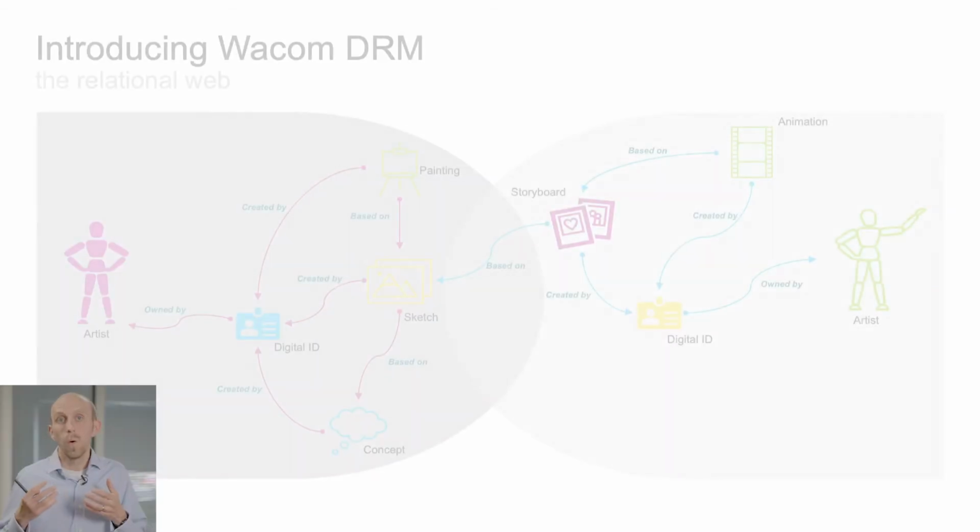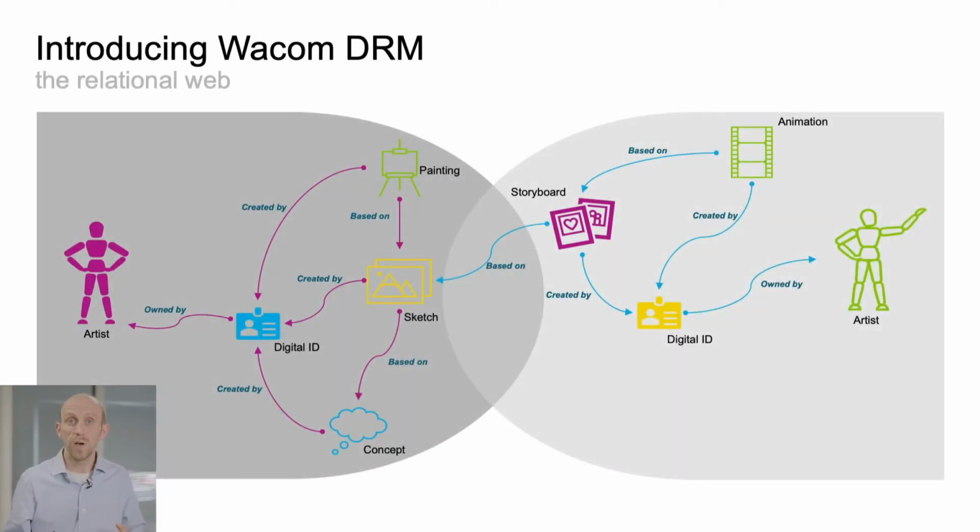What becomes clear from our discussion so far is that thinking of DRM as a system to protect one particular artifact, such as a photo or a digital painting, only solves a very small part of the problem. What we need is a system that provides a secure and verifiable way of mapping the relationships between concepts, content, and the content creators.